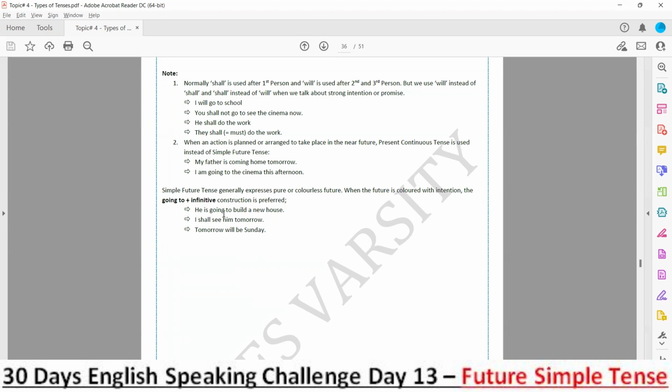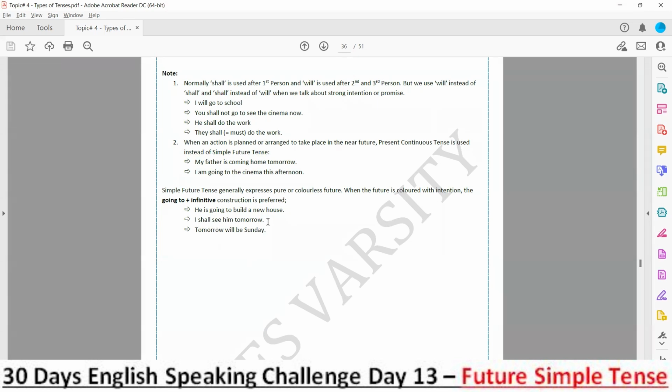Like he is going to build a new house. वो एक घर बनाने जा रहा है.